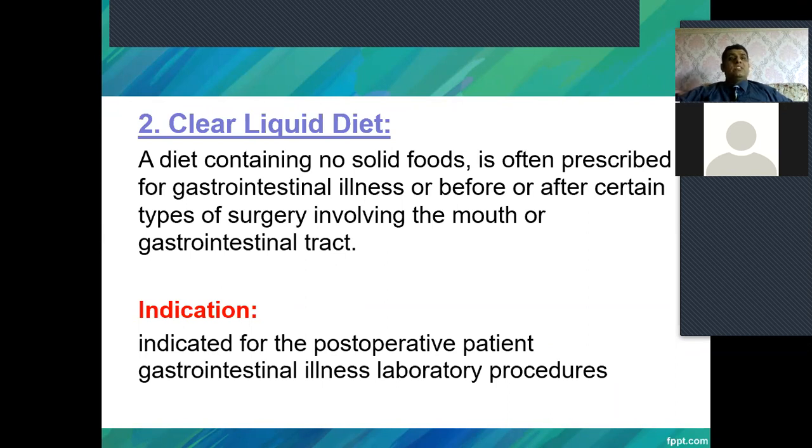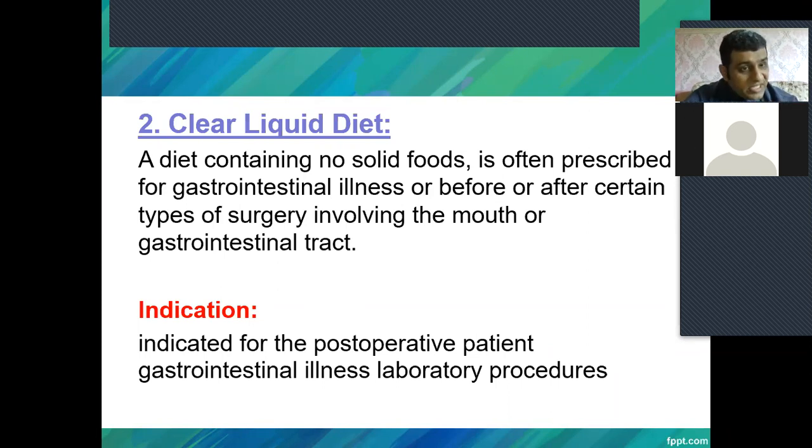Sometimes the patient has a peptic ulcer, a duodenal ulcer, sometimes the small intestine is having a problem, so we ask the patient to take a liquid diet, because we need to fulfill the everyday energy requirement of the patient. The indication for the liquid diet is for operative and post-operative patients.